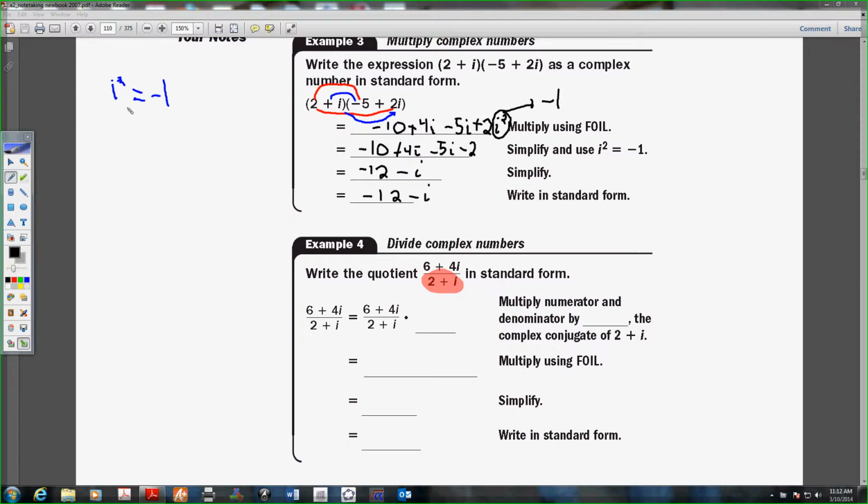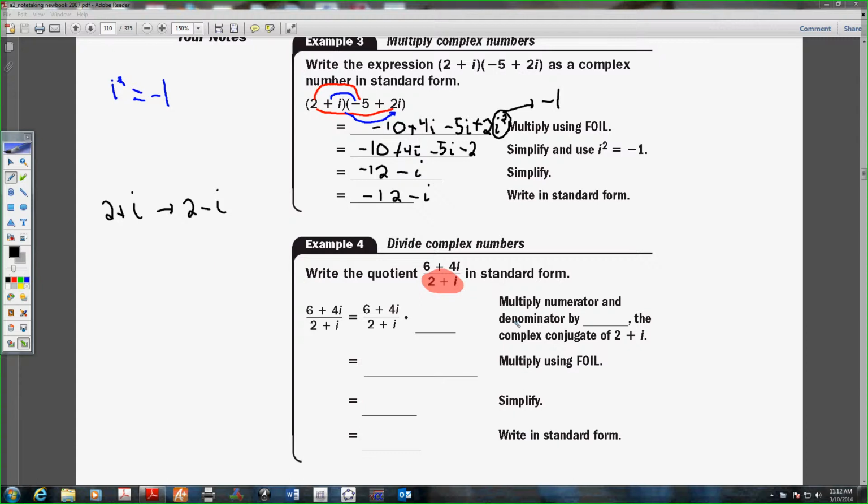Why are we doing this? Because we want to get rid of that 2 plus i in the denominator, and in order to do that, we have to multiply by the conjugate. The conjugate of 2 plus i is 2 minus i. When we multiply by the conjugate, we'll be getting rid of that.